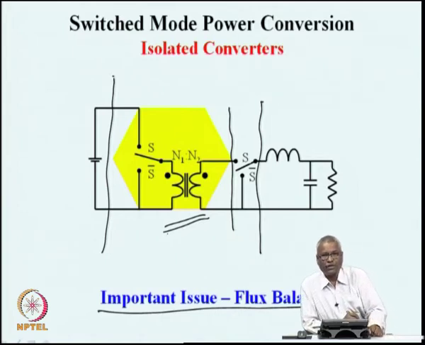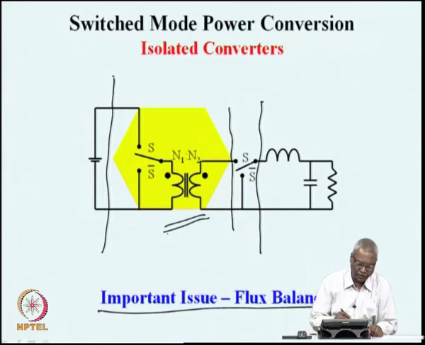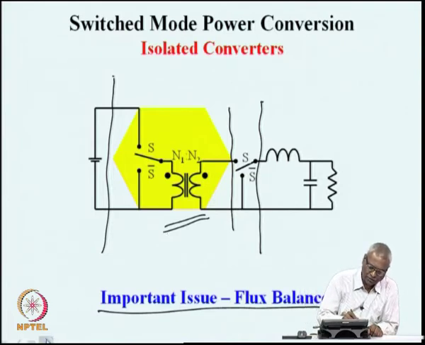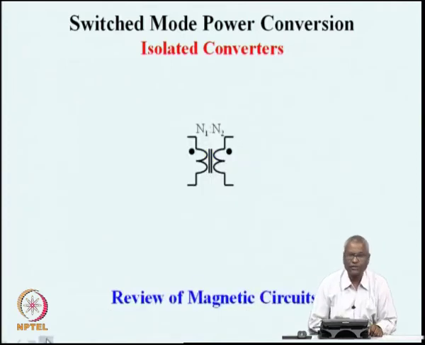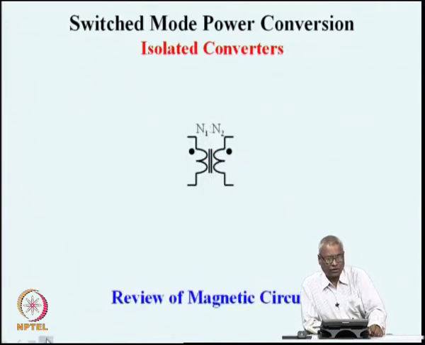This is the principle of flux balance, and we will see in the next few slides what this flux balance is and how the required constraints, required conditions, are achieved.